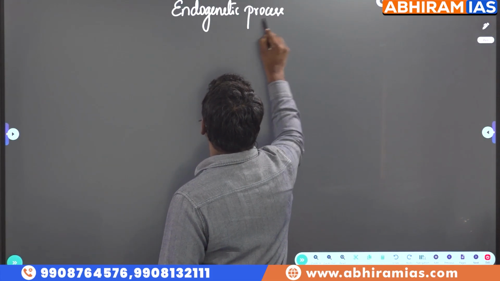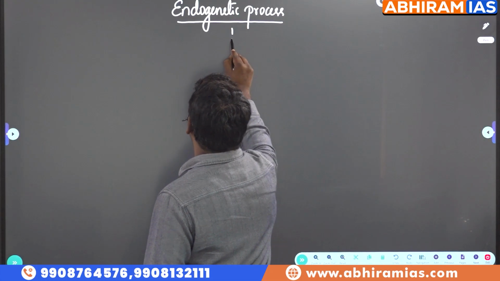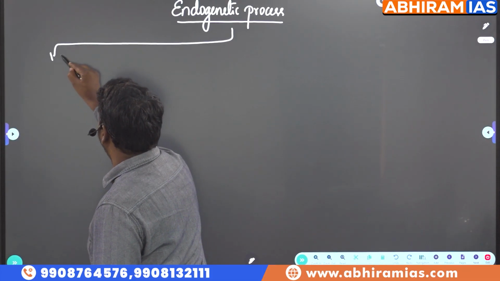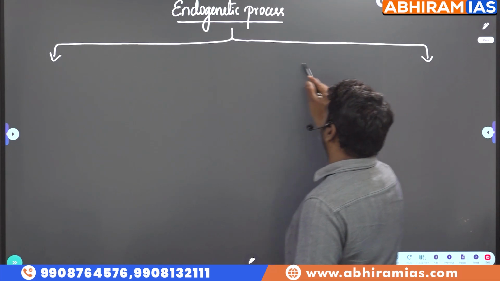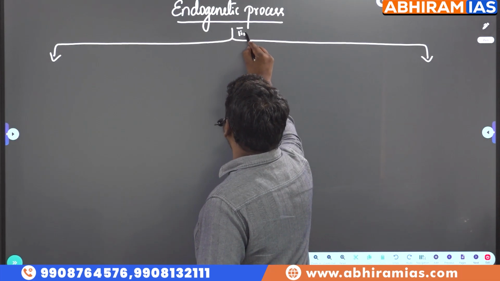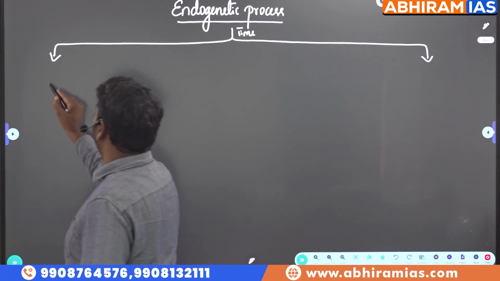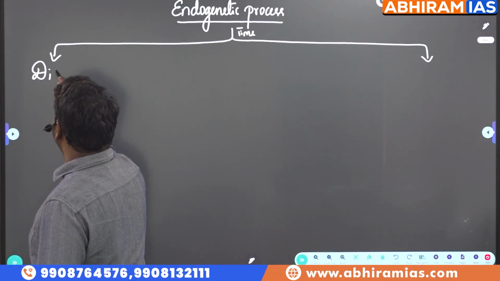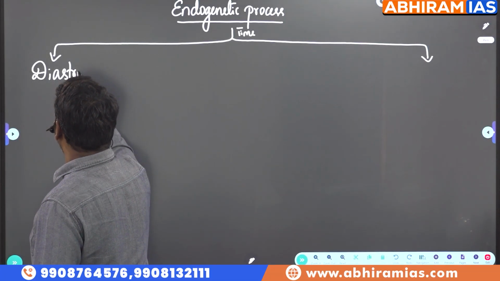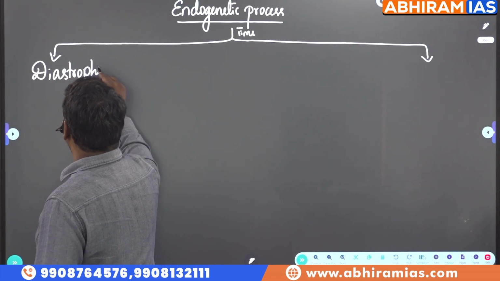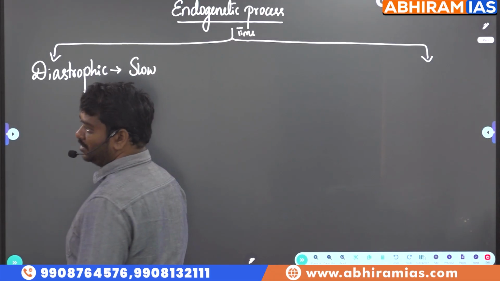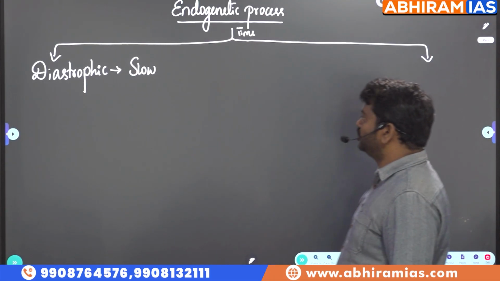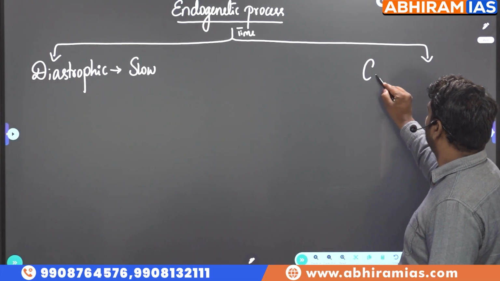Endogenetic process, based on time, is divided into diastrophic process, which means slow process.